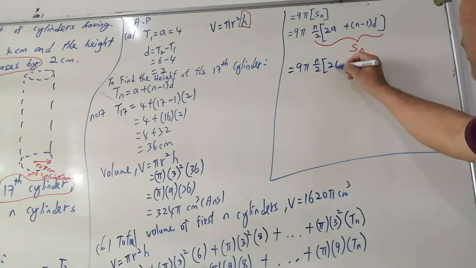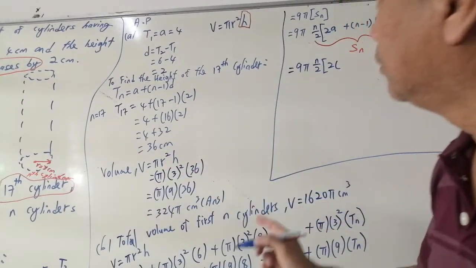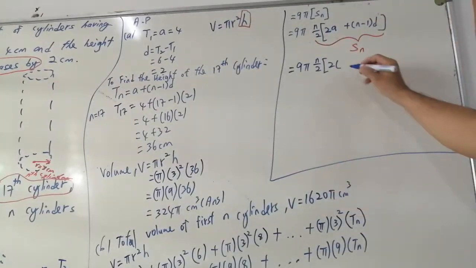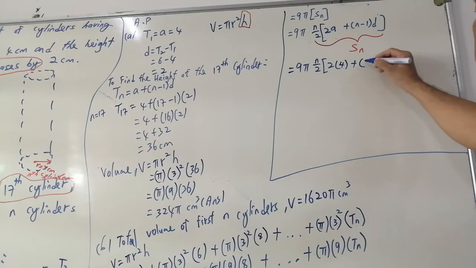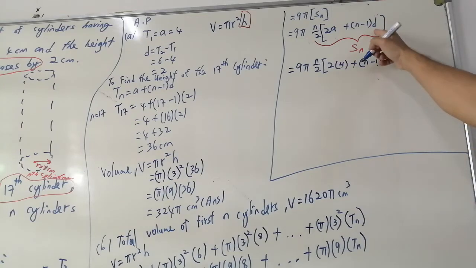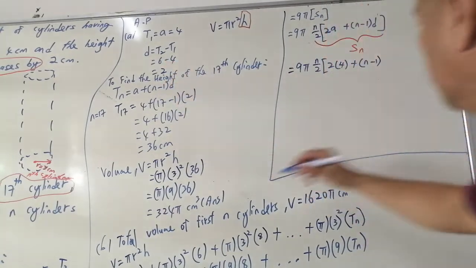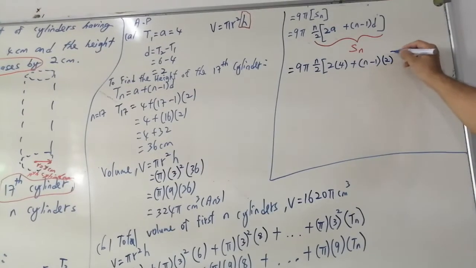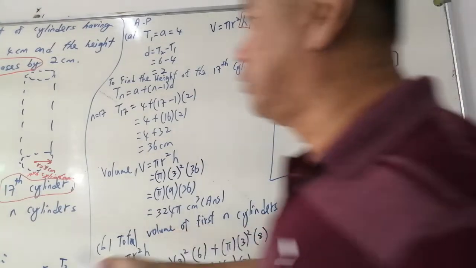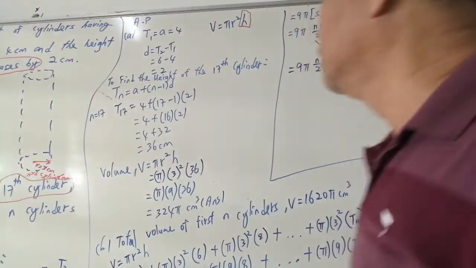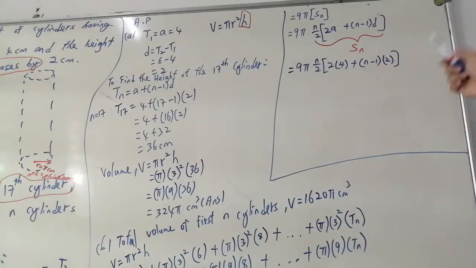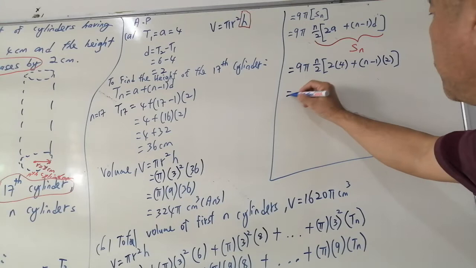My a, I know that is the first term, my a equals 4. This n, I don't know, minus 1. My common difference is equal to 2 here. Substitute positive 2 here. Why positive 2? Because you can see the height keeps on increasing, so definitely it is a positive value. Then I need to solve it now.